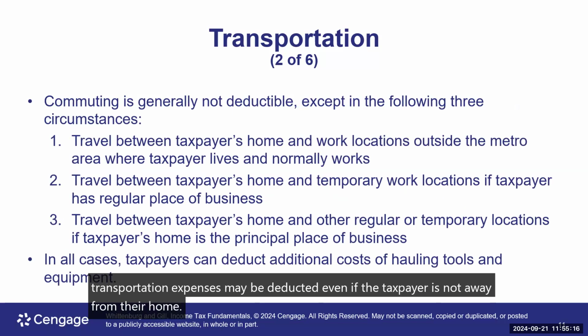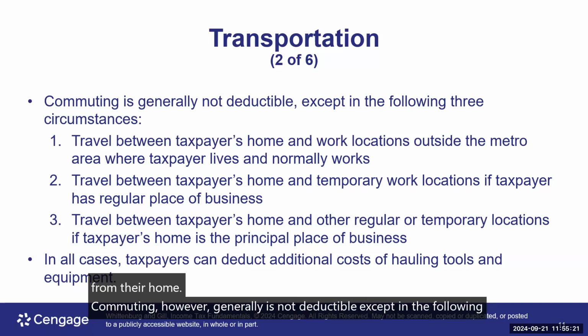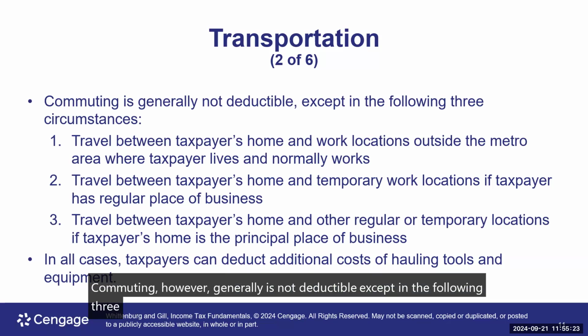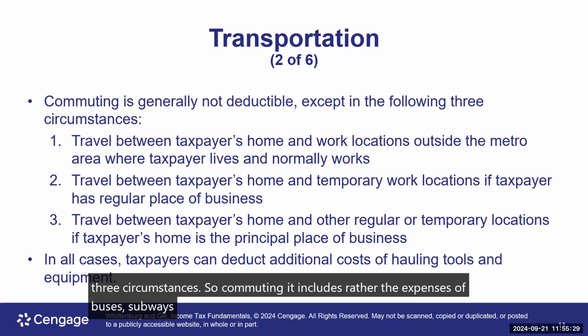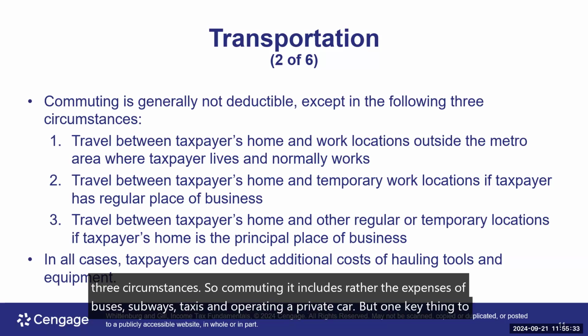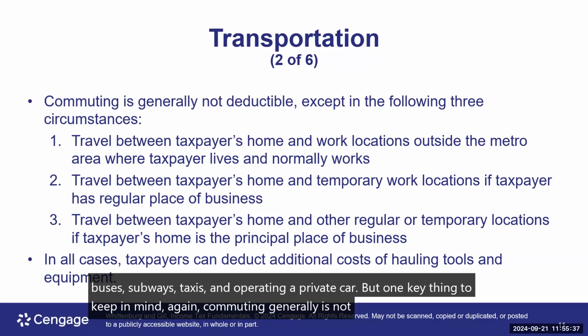Commuting, however, generally is not deductible except in the following three circumstances. Commuting includes the expenses of buses, subways, taxis, and operating a private car. But one key thing to keep in mind, again, commuting generally is not deductible except in three circumstances.